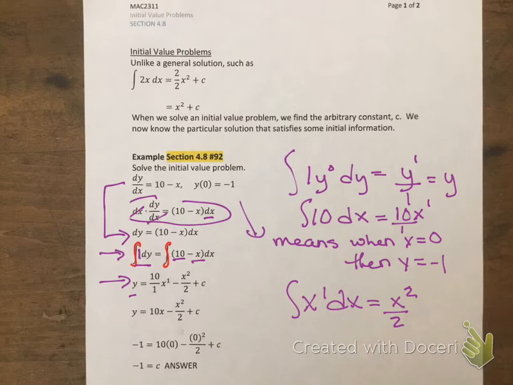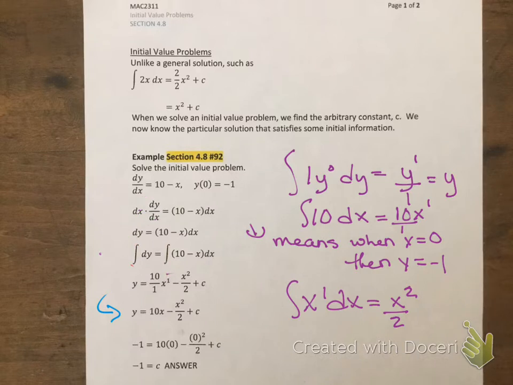I integrated 1 with respect to y, 10 with respect to x, and x with respect to x. So this line simplifies to y equals 10x minus x squared over 2 plus c. Now I am ready to use this initial information that I was given.